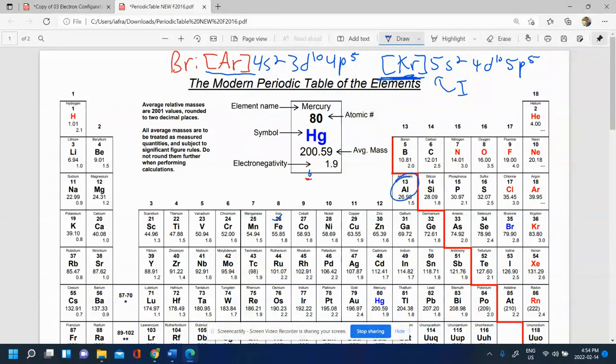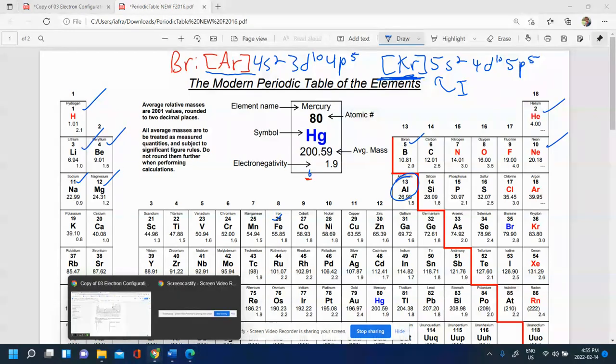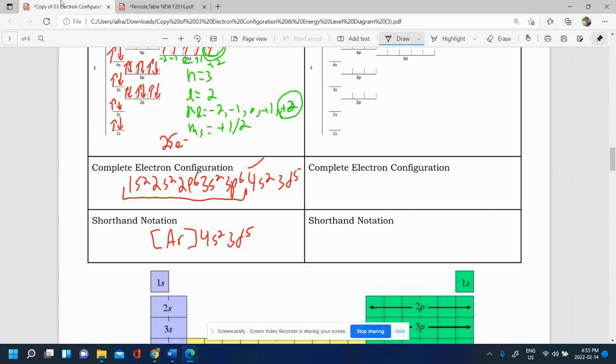Aluminum is right here. So we have 1s1, 1s2, 2s2, and then 2p1 all the way to 2p6. And then 3s1, 3s2, and then over here, 3p1. So we had 1s2, 2s2, 2p6, 3s2, and then 3p1.